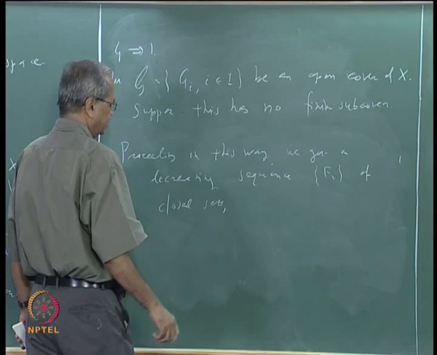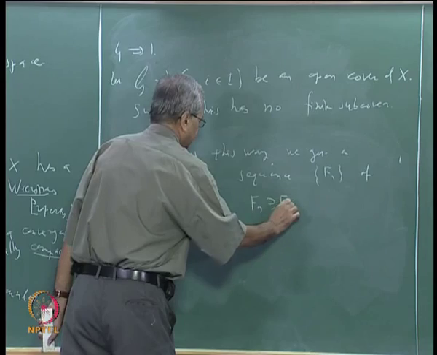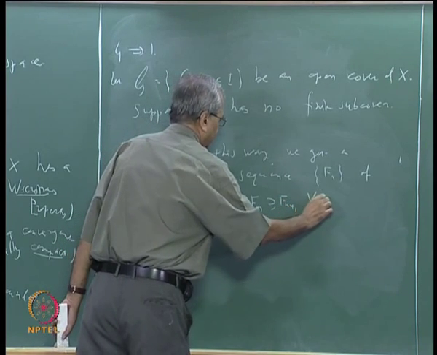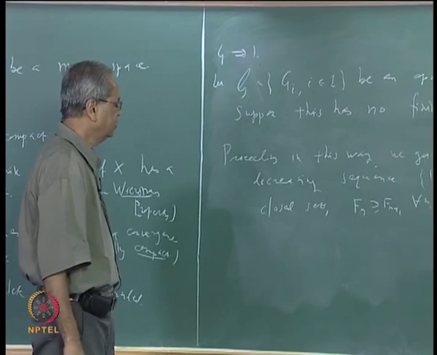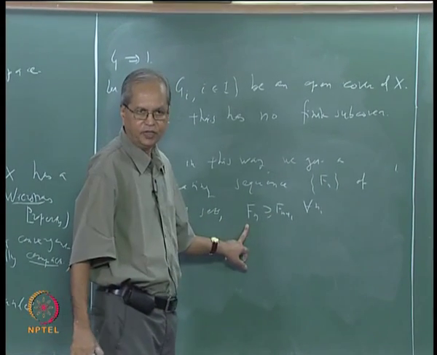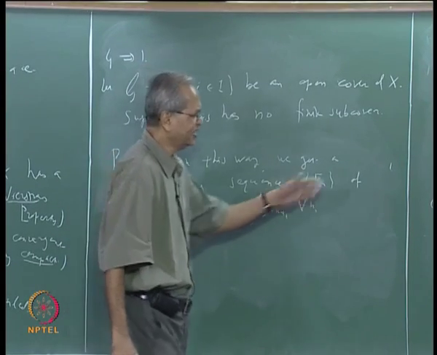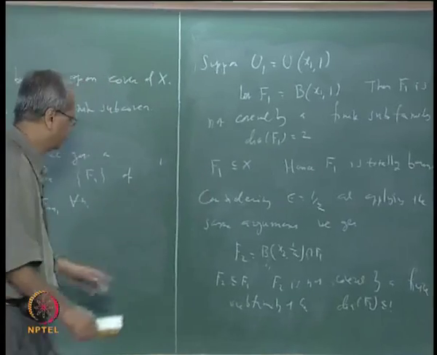Decreasing means that Fn contains Fn plus 1 for all n. Then the diameter of Fn plus 1 is less than or equal to the diameter of Fn by 2. We can say exactly how much that will be, some 1 by 2 to the power n minus 1 or whatever, that is not very important.